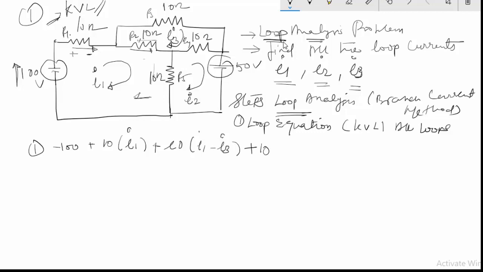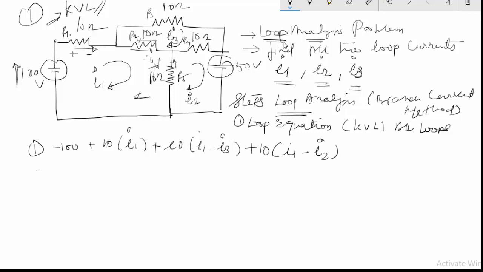Coming across this resistance, there are two currents flowing: I1 in this way and I2 in this way. So it will be 10(I1 minus I2). That was the equation of my first loop.